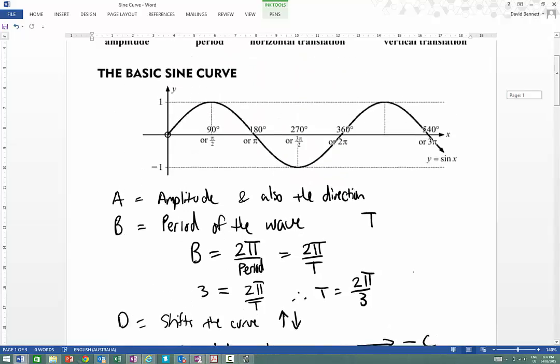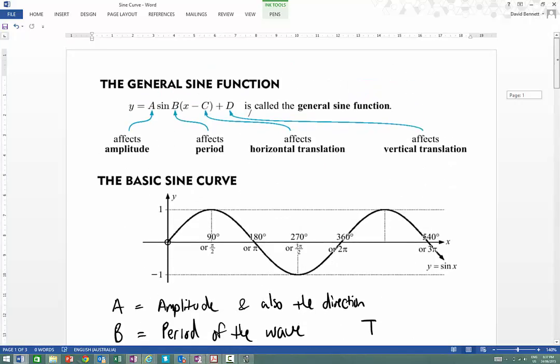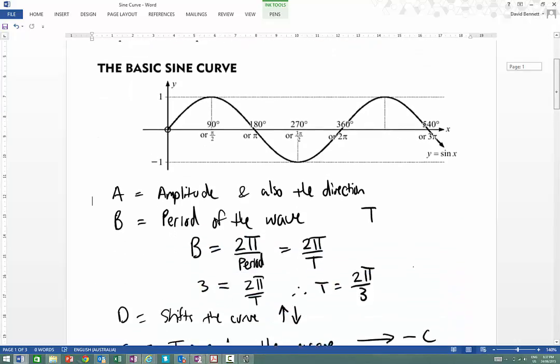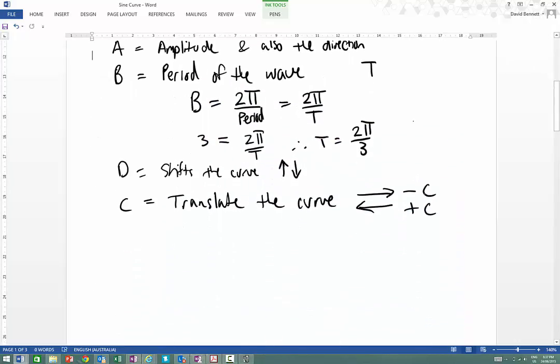Now remember the formula is in fact x take C. So if we have a normal positive C value, then it will translate the curve to the right.